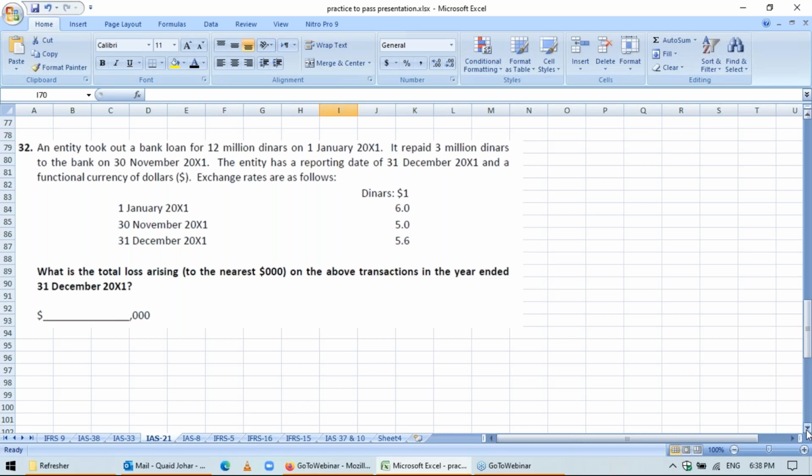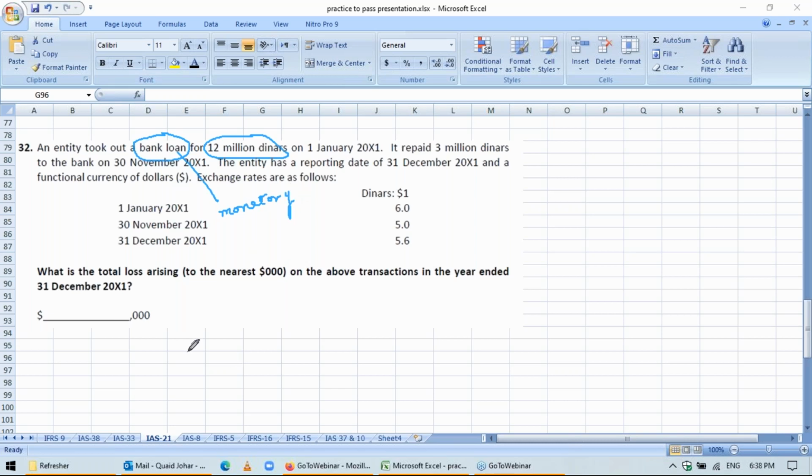So now first check: bank loan, monetary or non-monetary? This 12 million dinars bank loan, monetary or non-monetary? It's a monetary item because you do know exactly how much money is to be paid in future. So it's a monetary item.